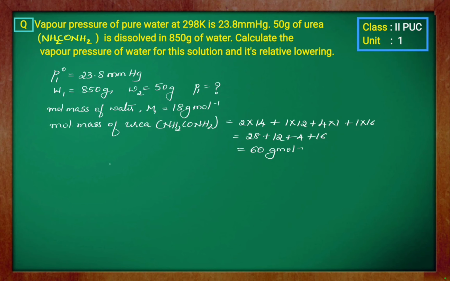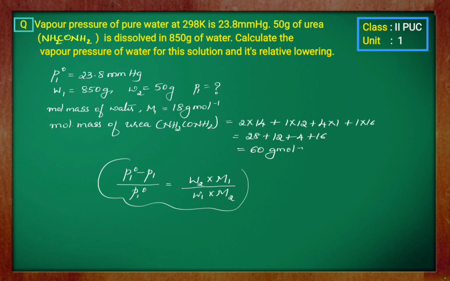And from Raoult's law, we have P1 naught minus P1 divided by P1 naught, which is equal to W2 into M1 divided by W1 into M2. So let us substitute all the data into the expression of Raoult's law.